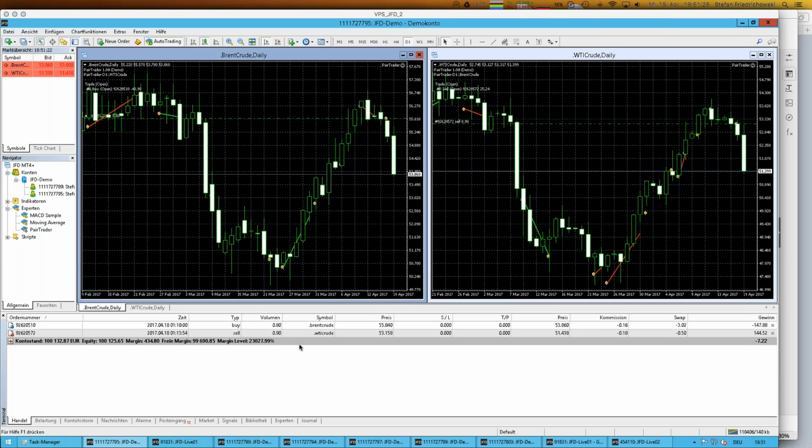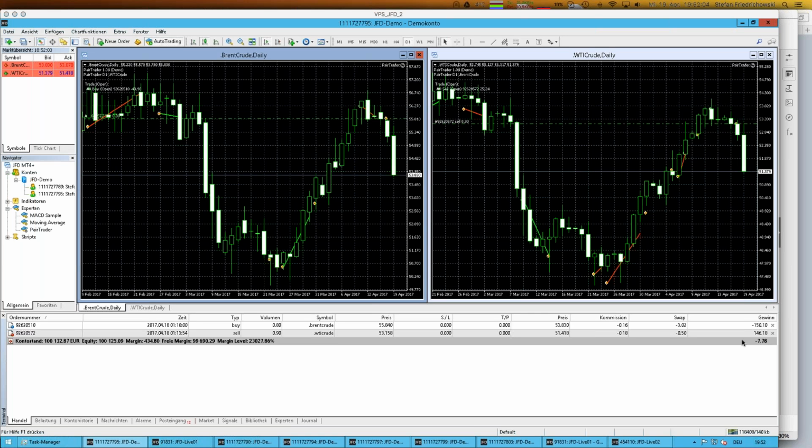Since that is a test phase for the EA, which finally will do the job automatically, it's a demo account. And you see what's opened here. 1 day ago, in the middle of the night, a trade was opened, a long trade on Brent and a short trade on WTI. What we can see is that the overall market went dramatically south. That is not that important here.